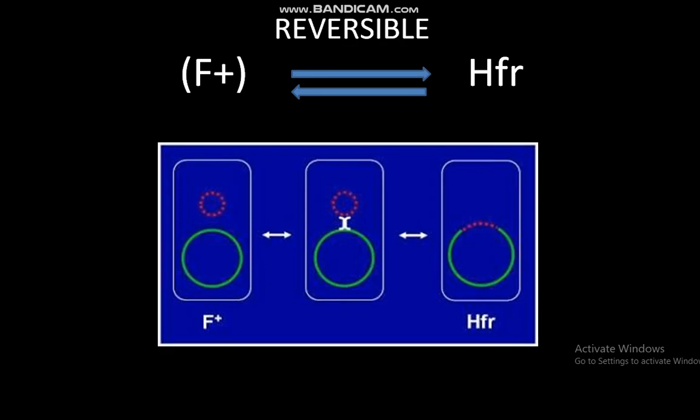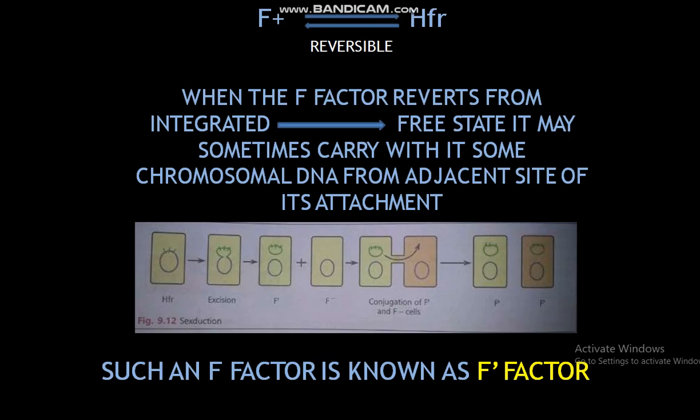Now as you can see here, the F positive plasmid was there and then it is reversible from Hfr. When the F factor reverts from the integrated to the free state, it may sometimes carry with it some chromosomal DNA from the adjacent side of its attachment.